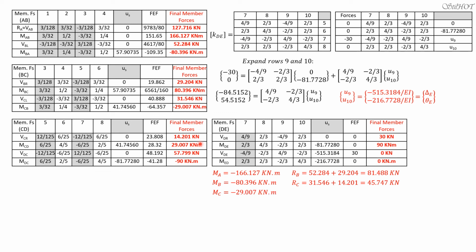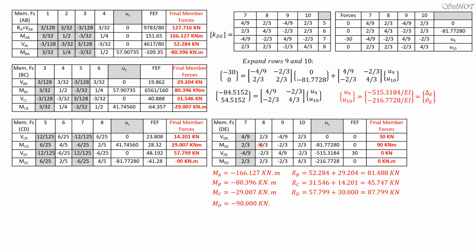MC is negative 29.007, the negative of this value. And R sub D is shear just to the left, 57.799, plus shear just to the right, which is 30, so 87.799.